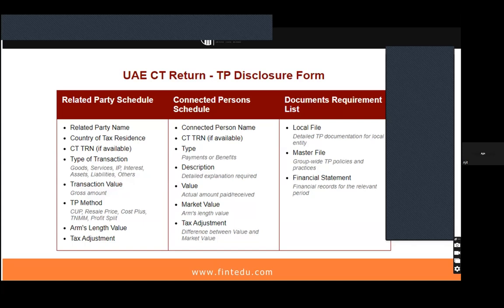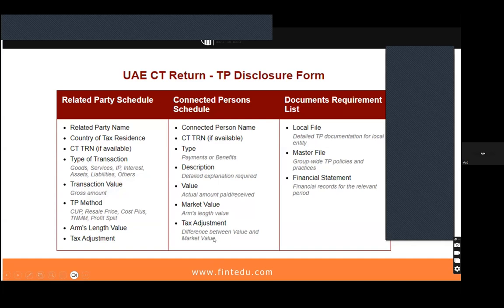So even if some benefit is provided, let's say a villa is provided by the company to the owner, that is a benefit, so that is also covered here. Then there is the detailed description, value of the transactions, market value meaning the arm's length value, and the tax adjustment. The adjustment will be the difference between the value of the payment and the market value.